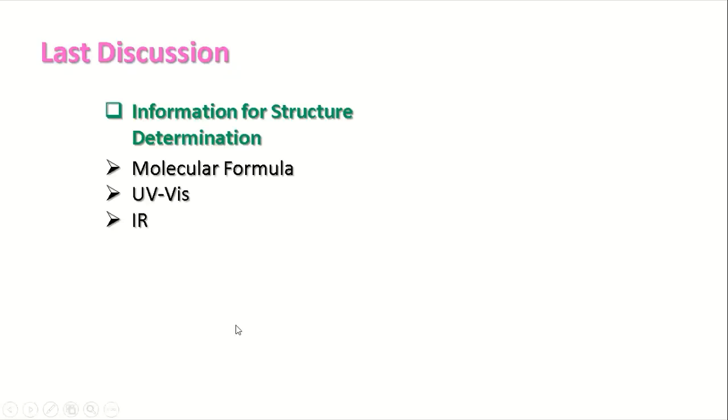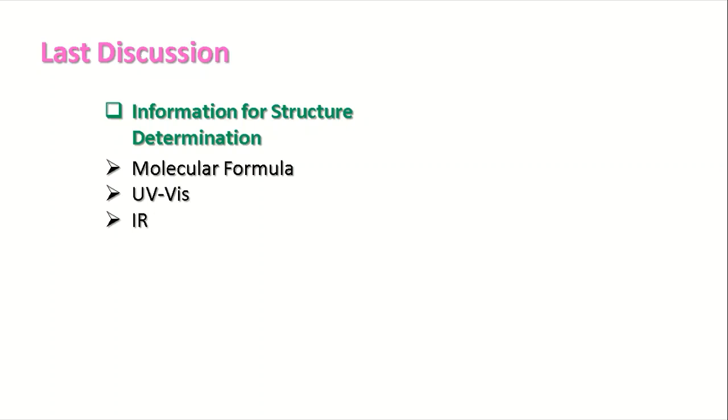So in the last discussion, we had completed the general aspects, like the molecular formula and what you can extract from there, the UV-Vis spectrum, what you can extract, and correspondingly the IR spectrum. And recently we have finished the discussion on mass spectrometry, and a bit earlier the NMR.